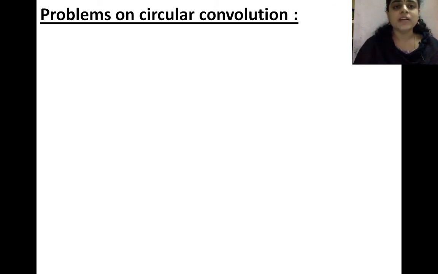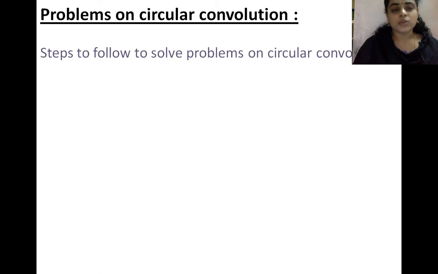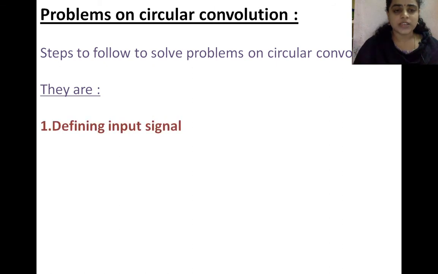Okay, so in general the problems on circular convolution involve 4 steps. The first one is defining the input signal. That means whatever data is given in the question, we have to define it.